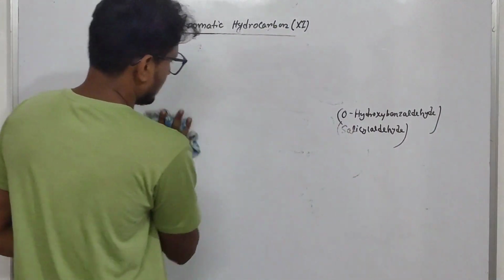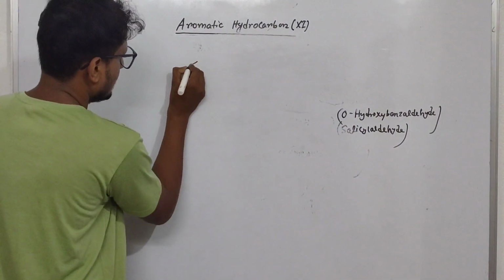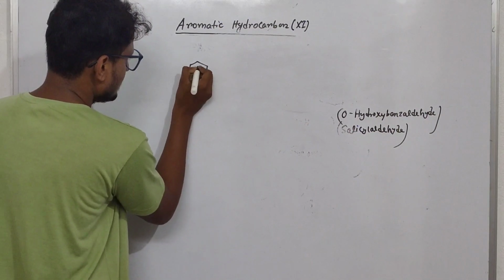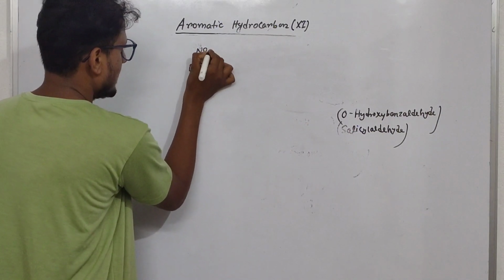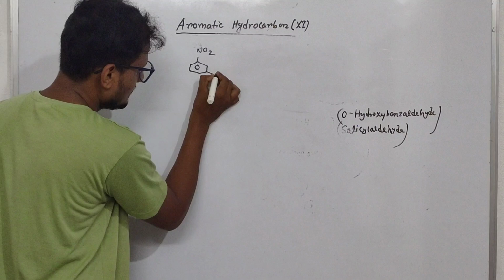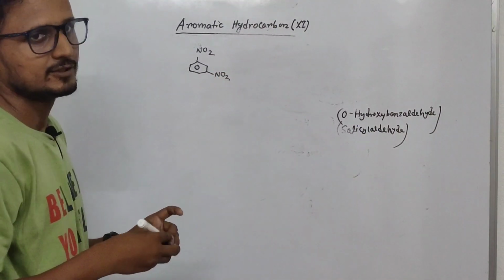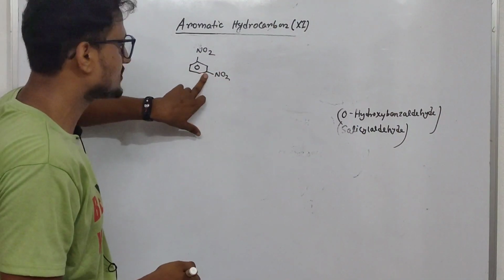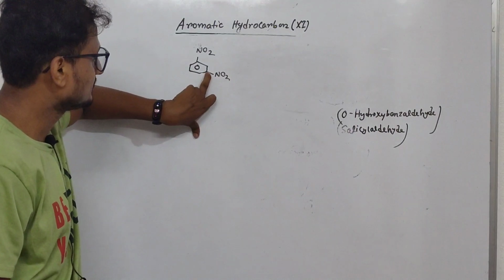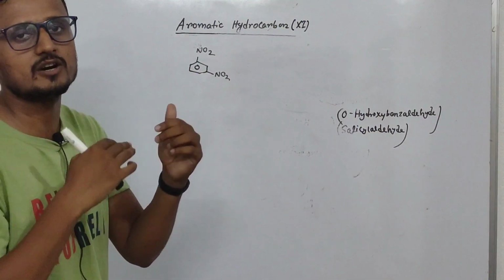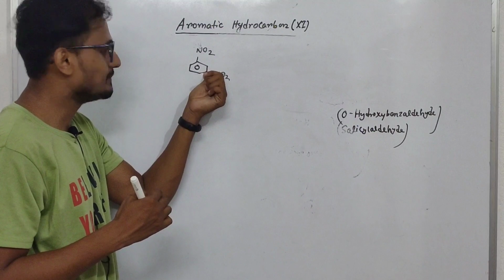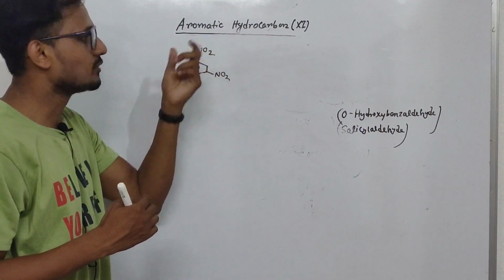Now again, if one nitro group is already there in the benzene ring and another nitro group is placed here, we already know this is the meta position because these groups are placed with one carbon gap. Now two nitro groups are there.